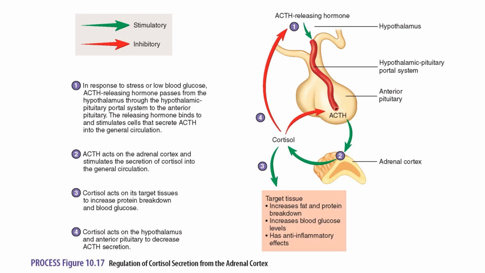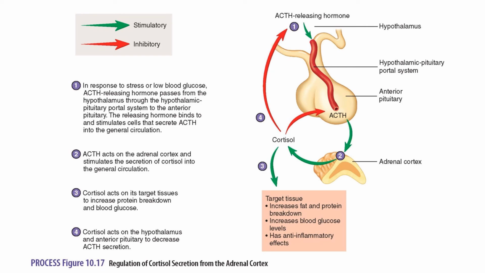So this is how your cortisol secretion from the adrenal cortex is regulated. So it has both stimulatory and inhibitory effects. Cortisol secretion is stimulated by the anterior pituitary hormone ACTH. ACTH is adrenocorticotrophic hormone.